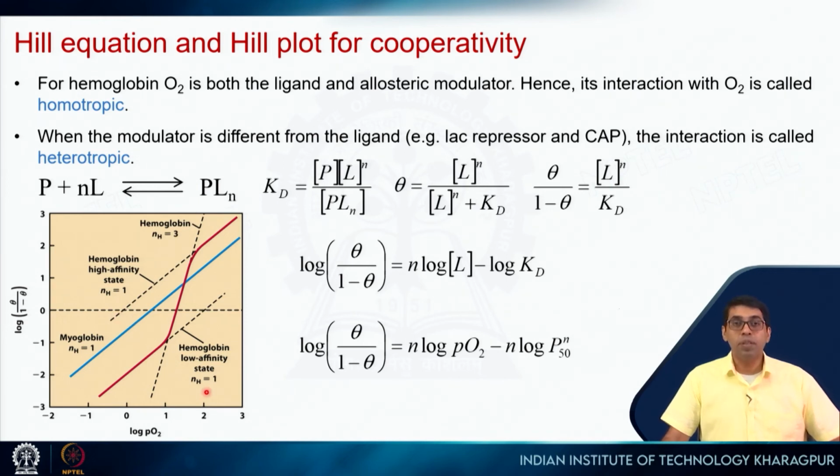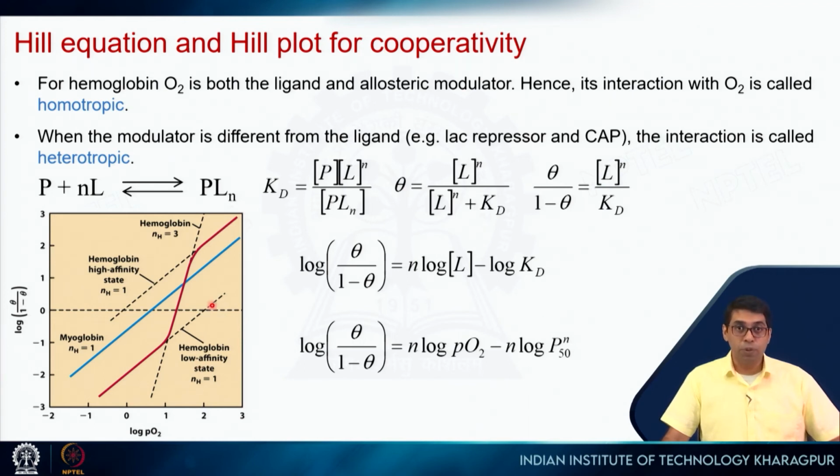But then what actually happens is initially almost all the hemoglobin are in the T state and oxygen is binding. So it will follow this curve, and then as more and more hemoglobin or more subunits get converted to the R state, it will depart from this and it will start moving towards this affinity, right? Once it reaches this, then of course it will follow this line.